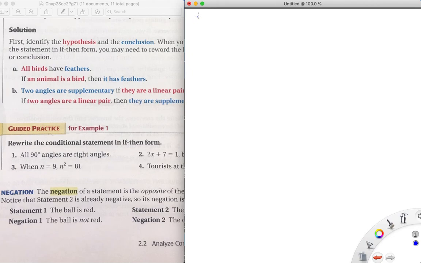So when we do all angles are right angles, we say if an angle, all 90 degree angles, I'm sorry.